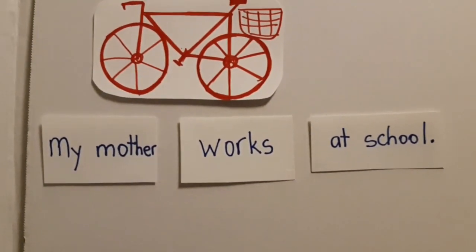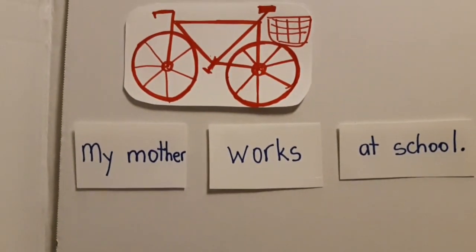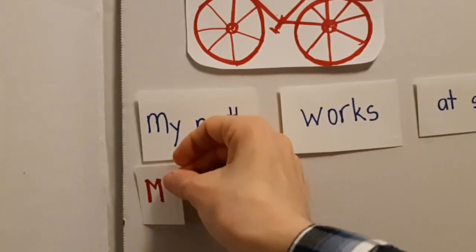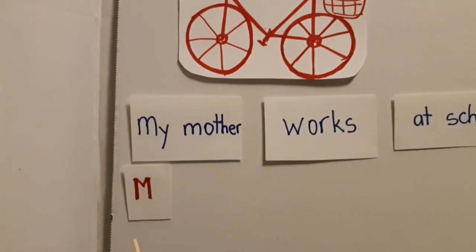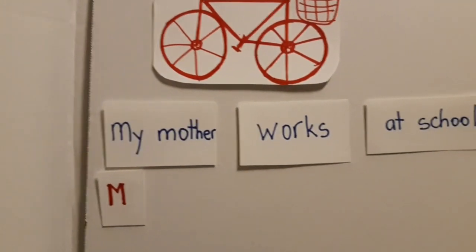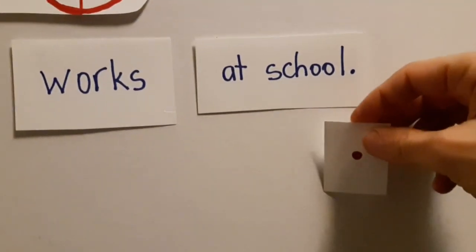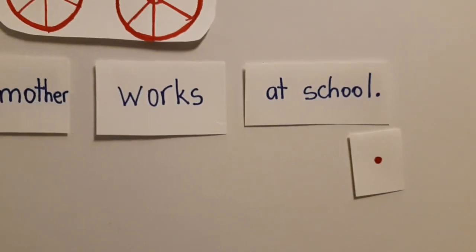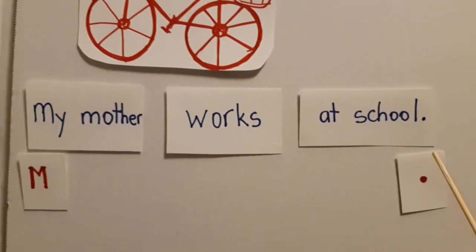Now just remember that if you're writing a good English sentence, you always need to start with capital letter, and we'll need to have a full stop at the end of the sentence.